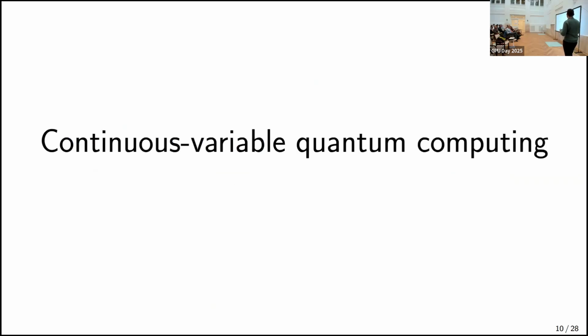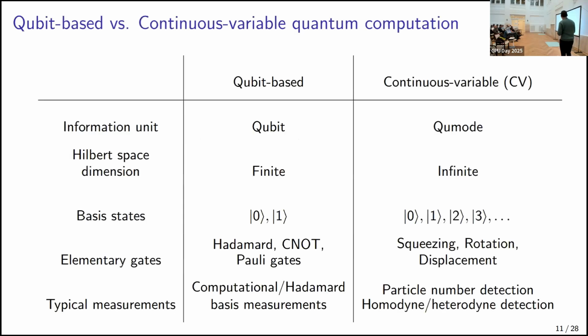The next topic is continuous variable quantum computing. These parameter shift rules do work, or somewhat work, in qubit-based quantum computing, but have not been considered in continuous variable quantum computing yet, because it is quite a different beast.